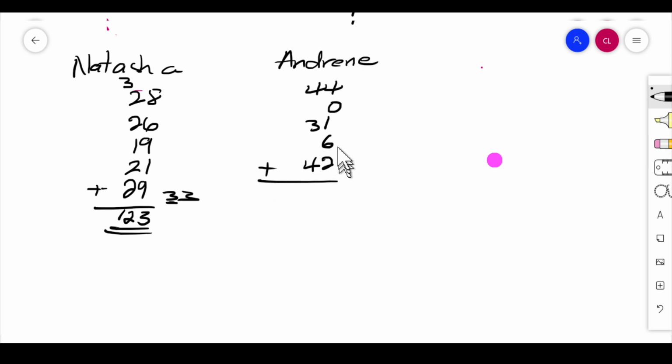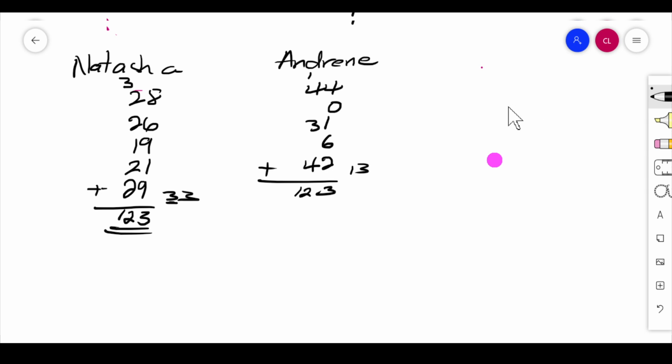Let's add these. So 2 and 6 would be 8. 8 and 1, 9. 9 and 4, 13. We write 3 and carry 1. 1 and 4, 5. 5 and 3, 8. 8 and 4 would give us 12. Pardon me. So both of them have 123. We know this from the table already.